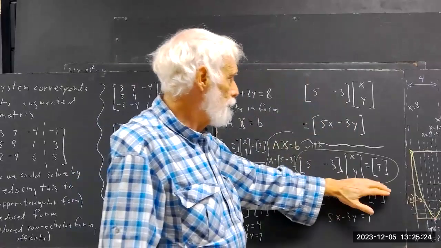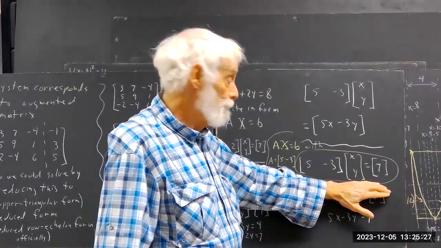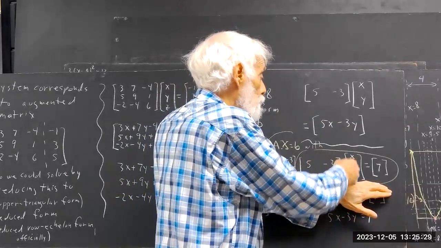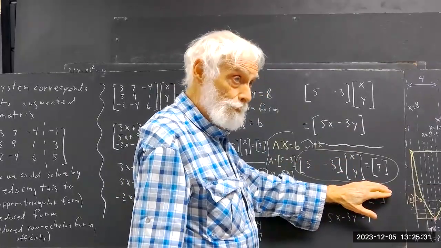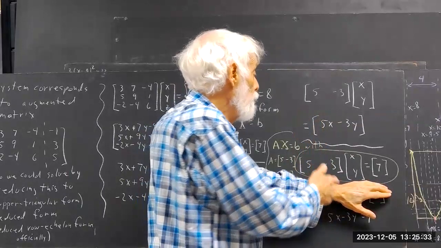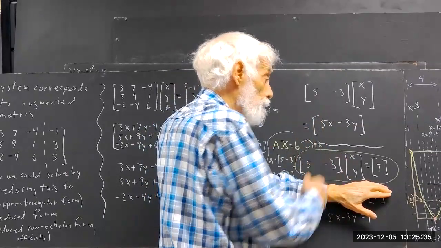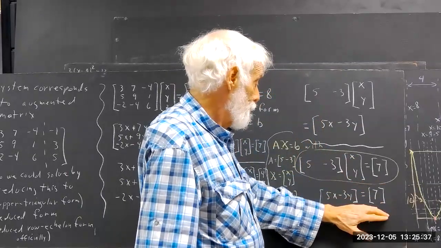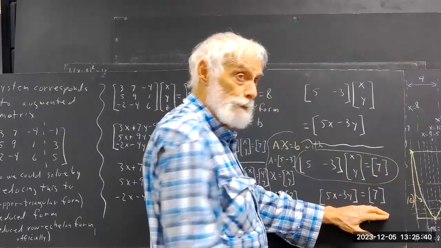Now let's take this. The row times the column is the same as it was up here. So we know this is going to give us 5x -3y. And there's nothing to do with this. It's just there.